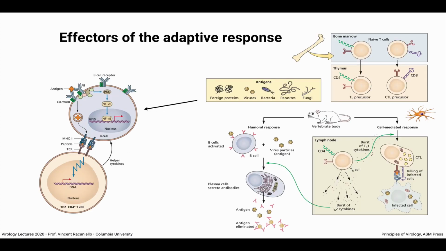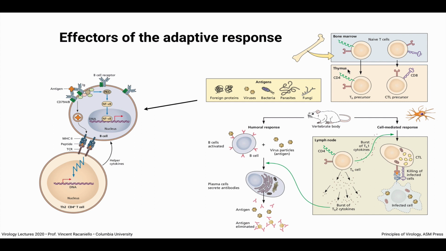All right, we have the dendritic cell or antigen-presenting cell going into the lymph node. Let's talk about what happens next. Just to back up a bit here, we have T cell precursors on the top right here. They are produced in the bone marrow. They come out of the bone marrow into the circulation as naive T cells.